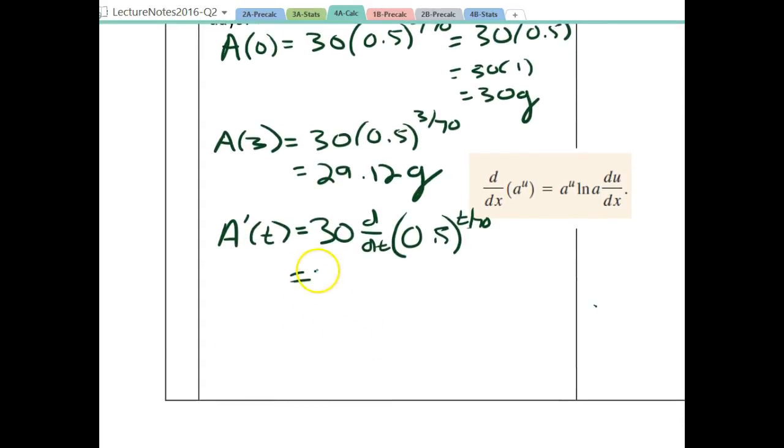Okay, so I've got my constant 30. I am going to take a to the u, so I'm going to leave 0.5 raised to the t over 70. That remains part of the derivative.